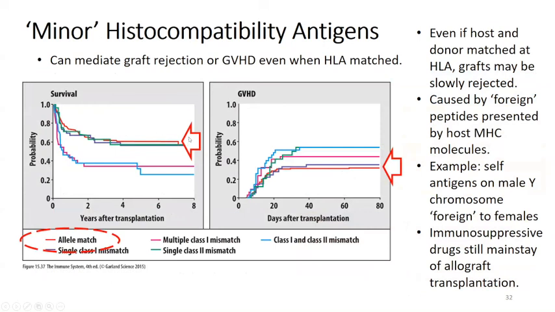In red, survival is never 100%, even if you have a perfect match. It's the same with graft versus host: you still get some appearance of GVHD even if you've got a good match. These are foreign peptides that are presented by the host, for example male cells being introduced into a female.